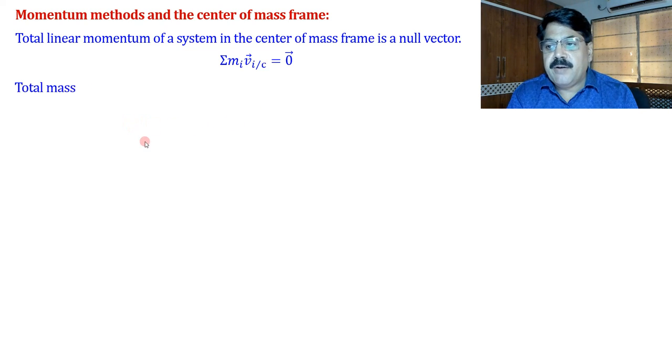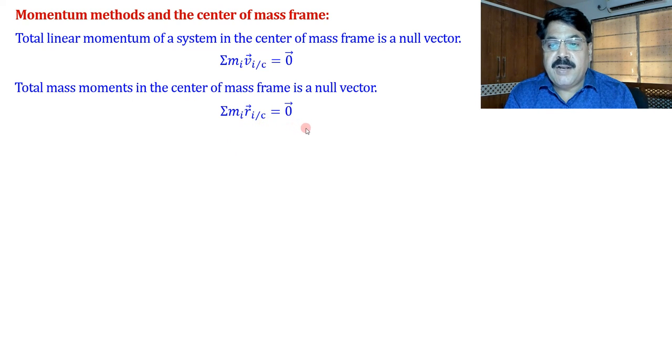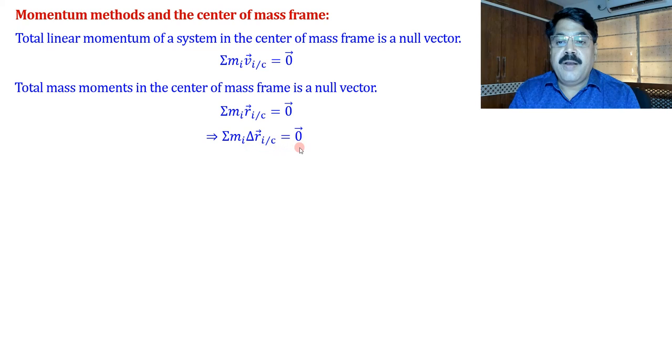But what can we predict from here, one other thing. Total mass moment in center mass frame is a null vector. What? Summation mi ri with respect to c is a null vector. Now taking differential, summation mi delta ri with respect to c is what? A null vector.